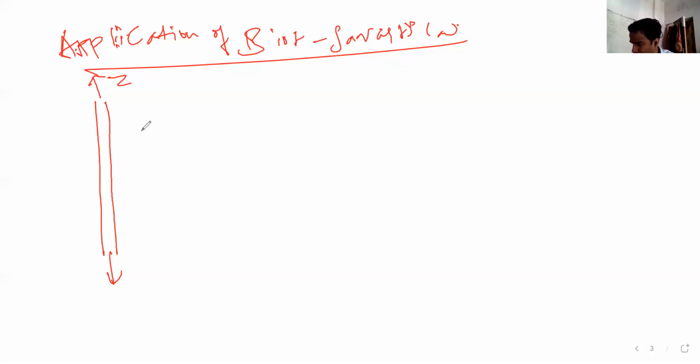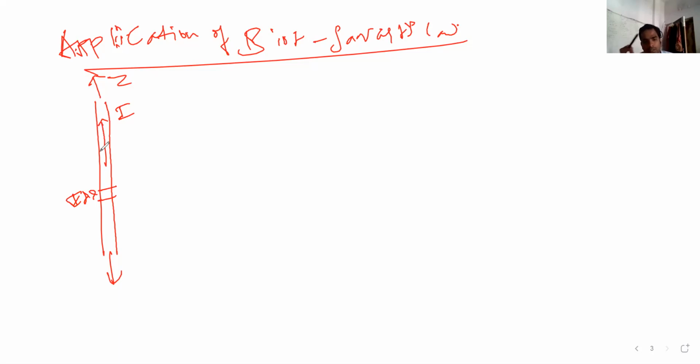So for an infinitely long conductor, this is our direction of current. If I pick any ideal current element, in electric field we consider a small charge dq, because that is the source of the electric field.